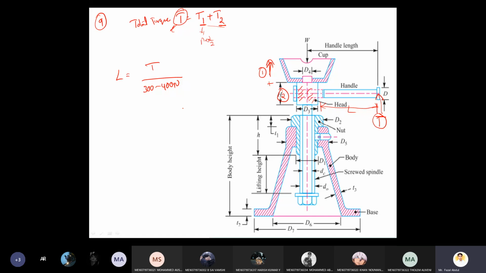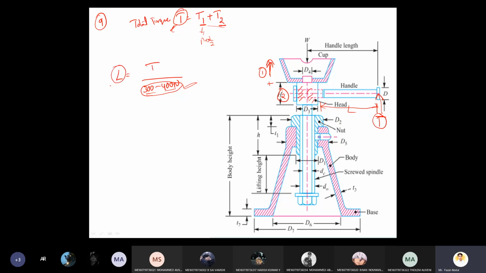What is this 300 to 400 newtons of force? This is the force applied by human beings. An average man can apply a force of 300 to 400 newtons. You can select 300, 350, or 400, your wish. So that gives the length of the handle.